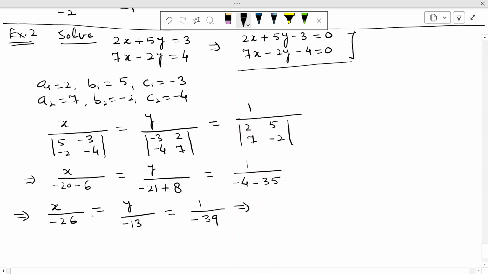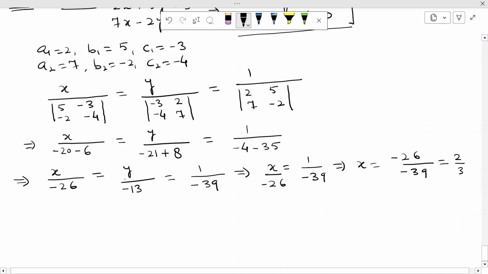And this again, if you equate first and last term, so x upon minus 26 is equals to 1 over minus 39. So this gives you x is equals to minus 26 over minus 39. So this is coming out 2 by 3. You can cancel both the terms by 13.